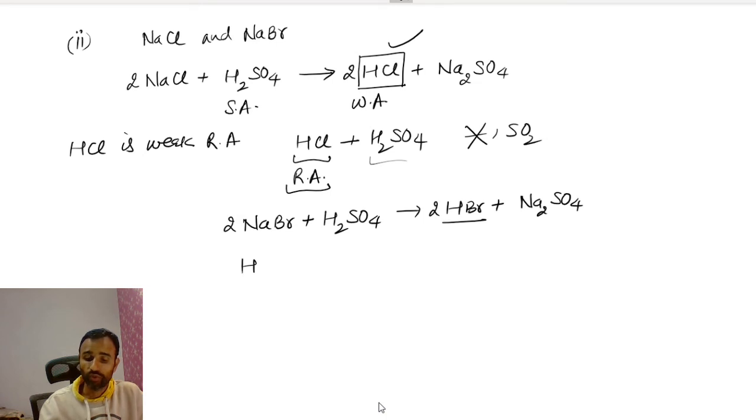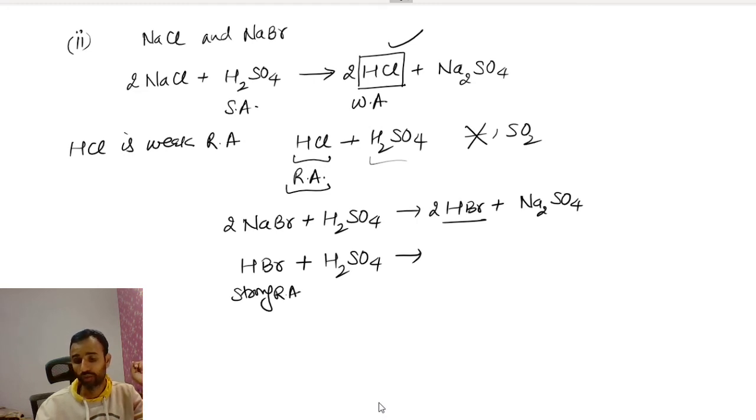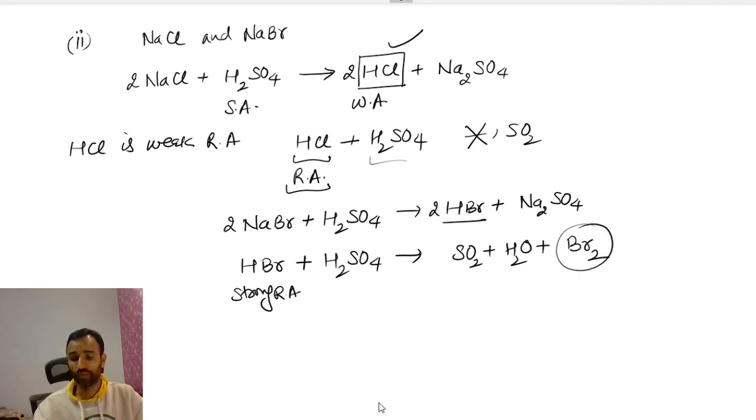Now HBr produced in this reaction is a strong reducing agent, therefore it can reduce H2SO4 to give SO2, and HBr itself gets oxidized to give Br2. Okay, so red vapors of Br2 are produced in this way.